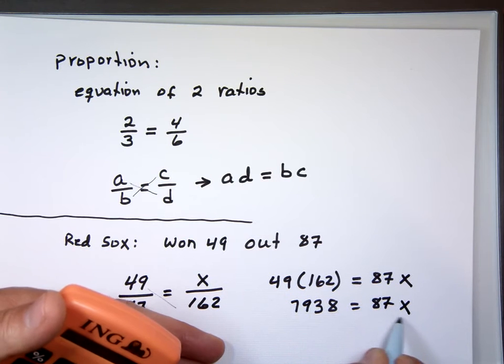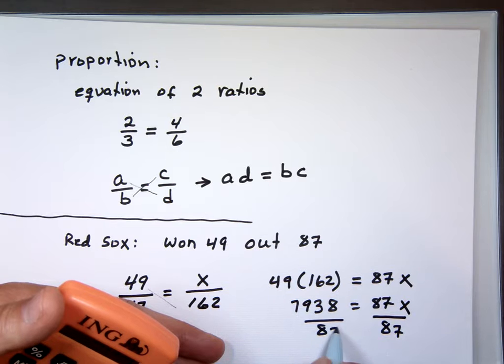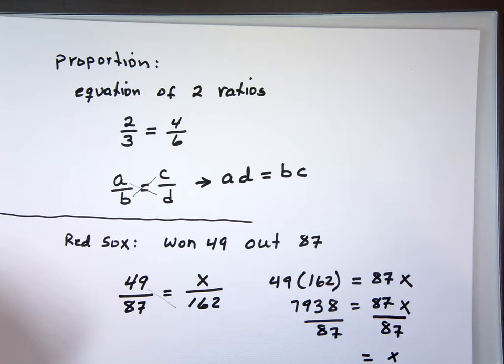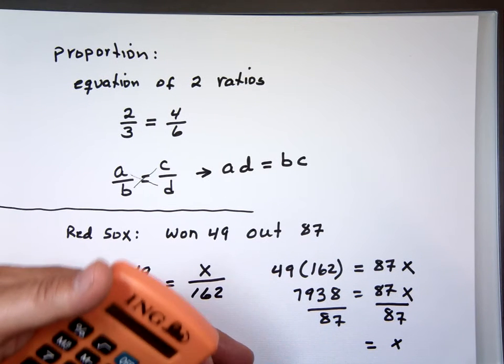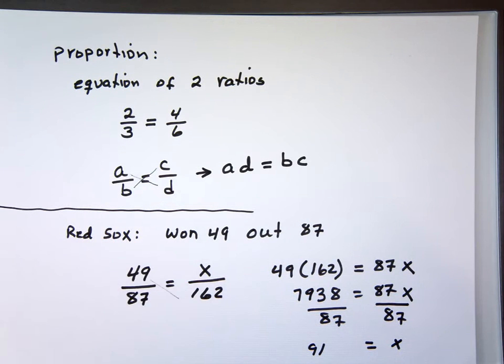To solve for x, we divide both sides by 87. So if you bet on the Red Sox to win like 84, 85 games, you're in good shape. Because right now, if you round it to a whole number, the Red Sox are on pace to win 91 games.